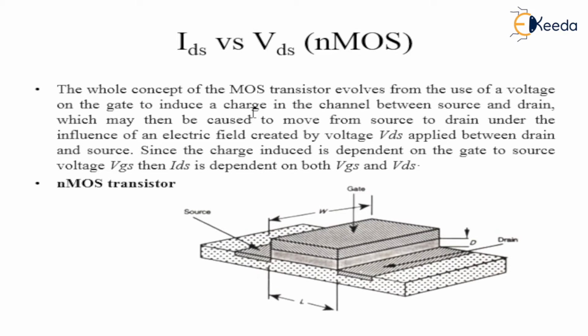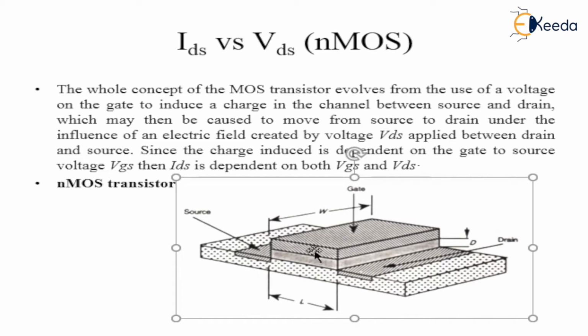If you see this NMOS transistor picture, the dimensions are: W represents the width of the polysilicon, L represents the length of the polysilicon, and D implies the thickness of the silicon dioxide. There are two diffusions, the two end diffusions.